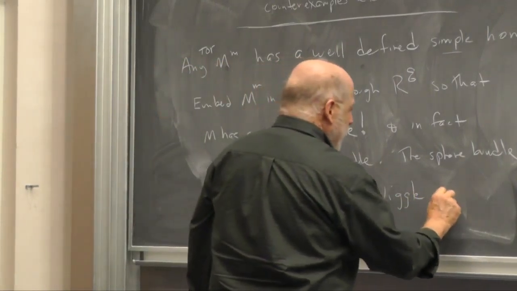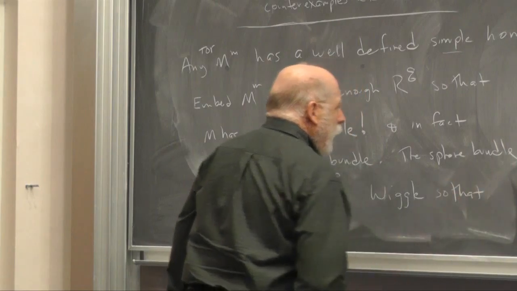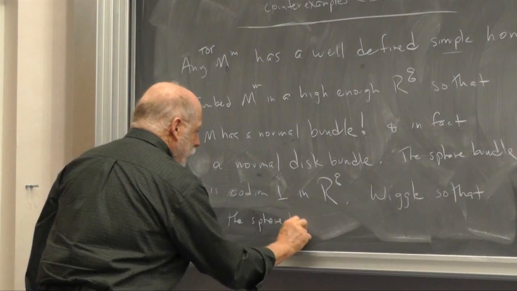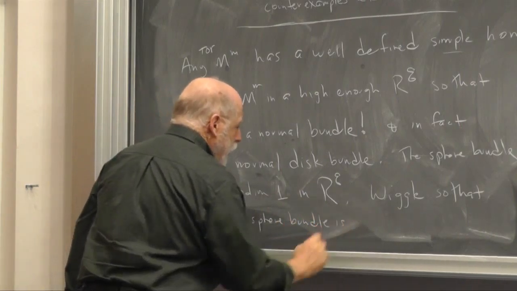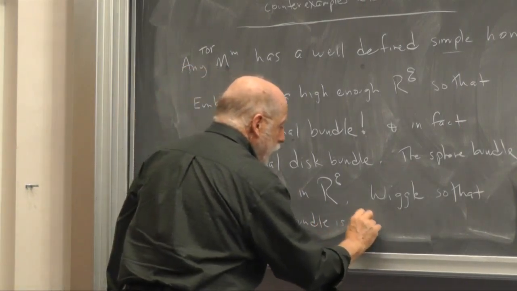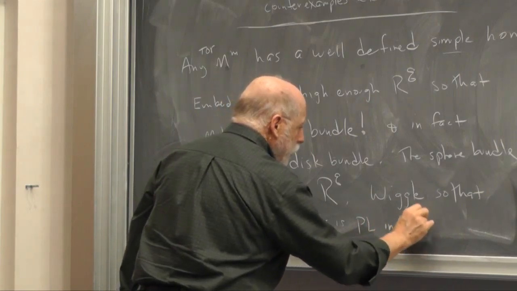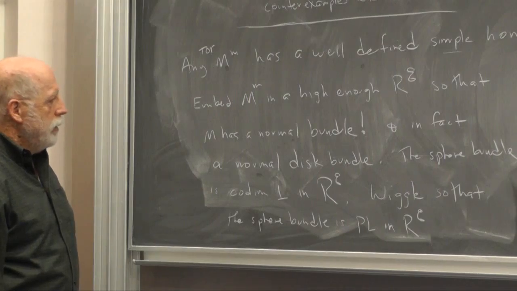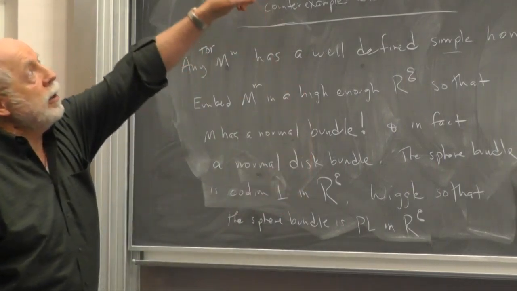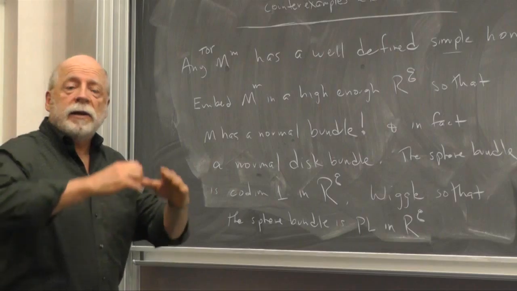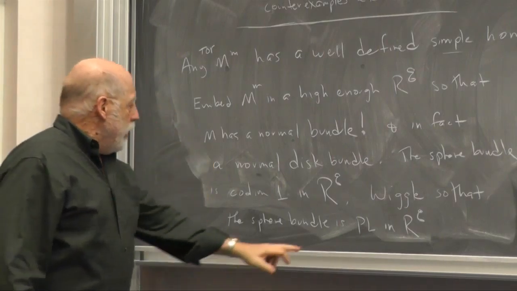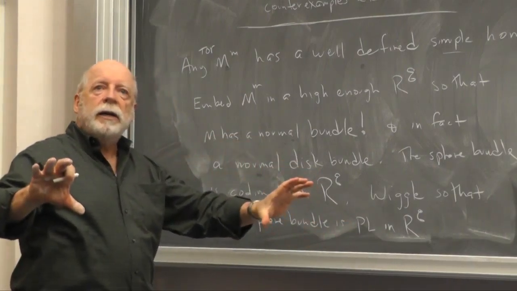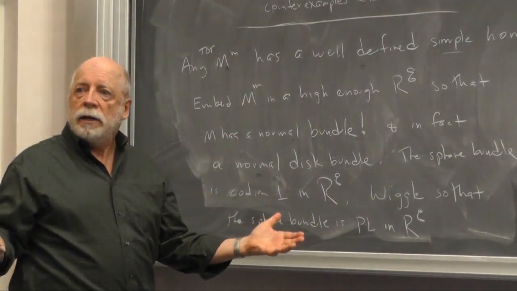You wiggle so that the sphere bundle is, let's say, PL in R^q. That's the game we've been playing all along, the yellow stuff, just wiggling something codimension one. So now it's PL, so now the disk bundle has a PL boundary, and so it's a PL manifold of dimension q.